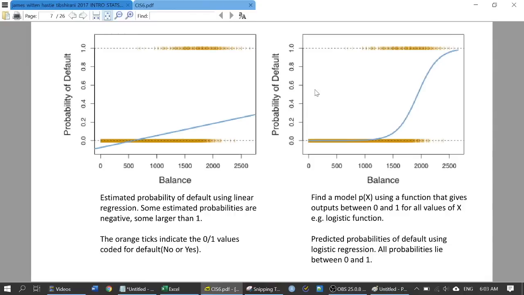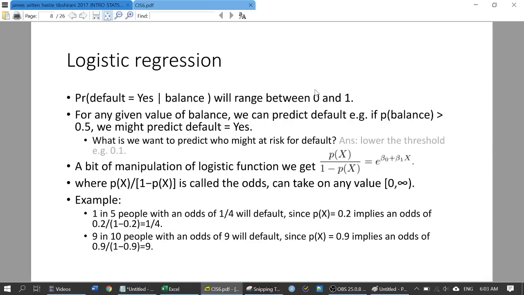However, if you want to avoid risk as much as possible, let's say even if this person has a 20% chance of being a defaulter you do not want to accept this person, then you can put a lower threshold, for example 10%. What I mean here is that you only accept customers with a 10% probability of being a defaulter. So this is a very low threshold. This is basically based on domain knowledge.